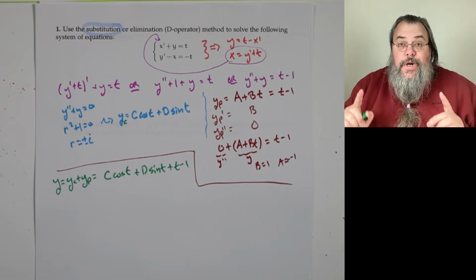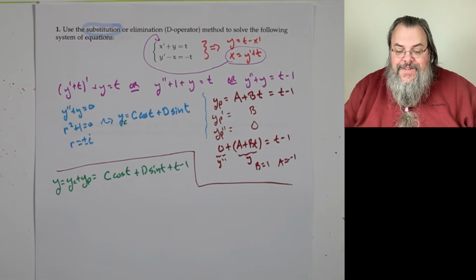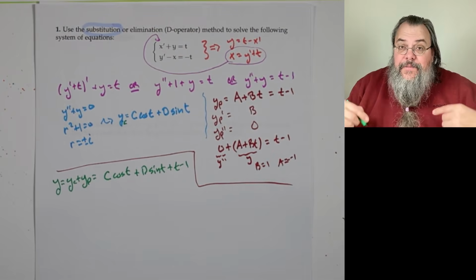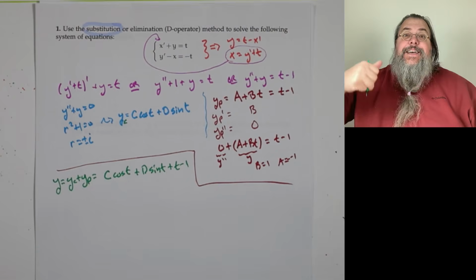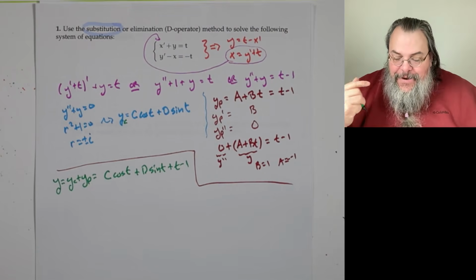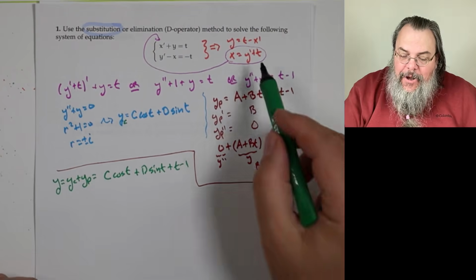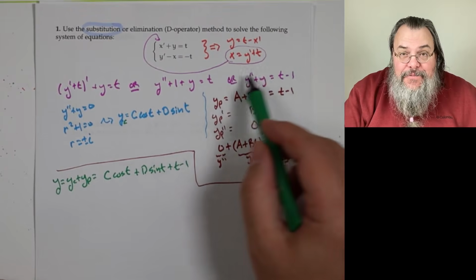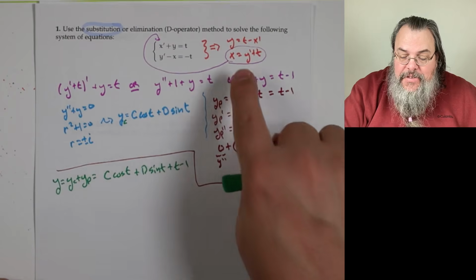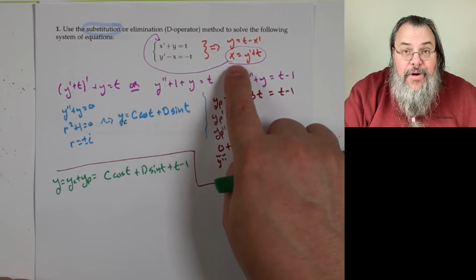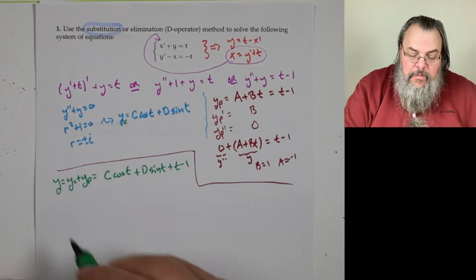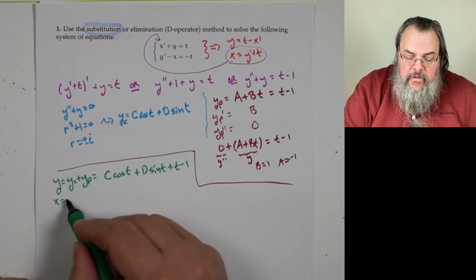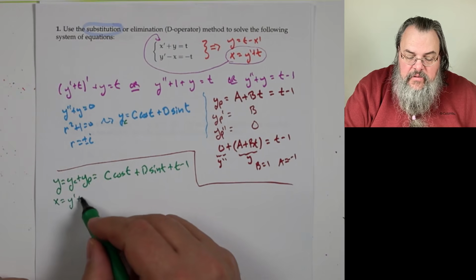Now, we're not done yet, because we need to solve the system, which means we need to have y and x. Okay, so how do we get x? All the way back to our substitution. That's why we want to solve for x, not for x prime. Since we have x here, x is y prime plus t.